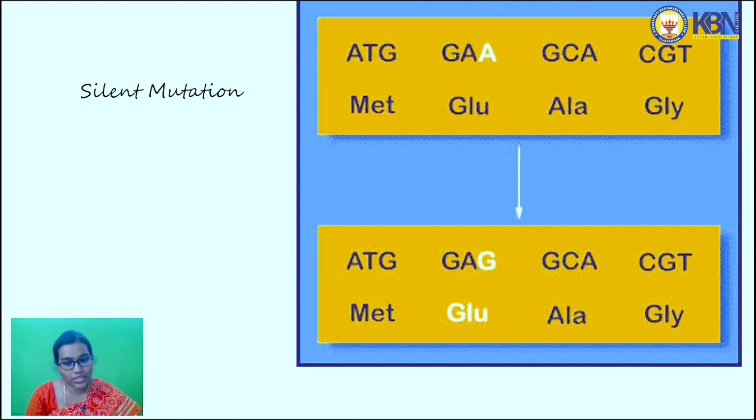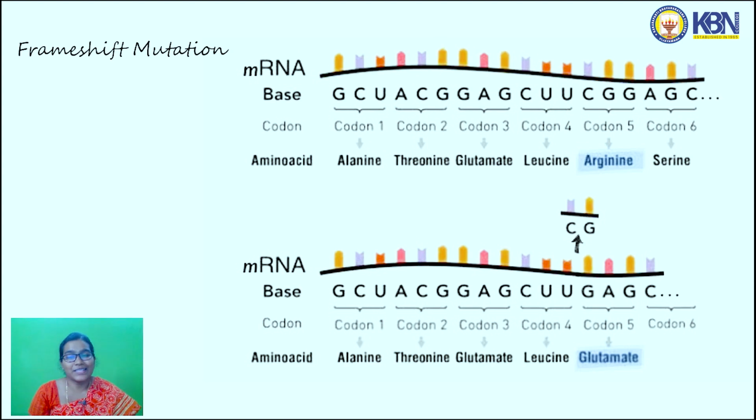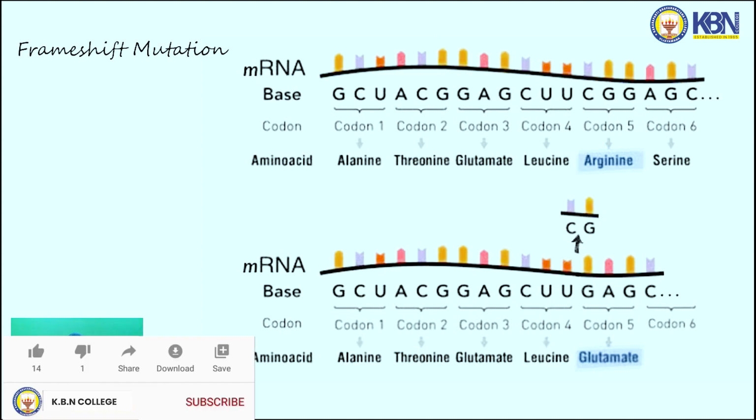The silent mutations do happen, and these are not expressed like other diseases such as sickle cell anemia. We can only observe these if we do gene sequencing. Otherwise, they are silent. The last one, the last type of genetic mutation, is frame shift.